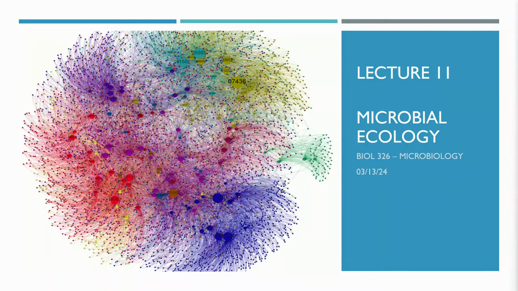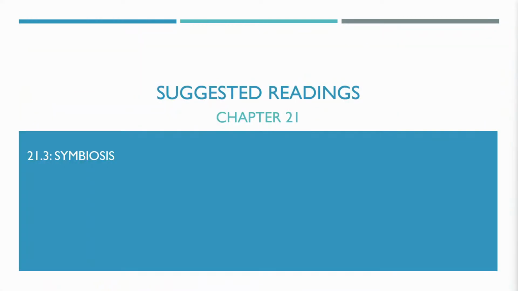So today we're going to zoom in a little bit on how bacteria interact in the environments that they're in, with each other and with the host. We're going to be talking about content in chapter 21. It's a longer chapter, so we're just going to be focusing on section 3 today, talking about symbiosis.